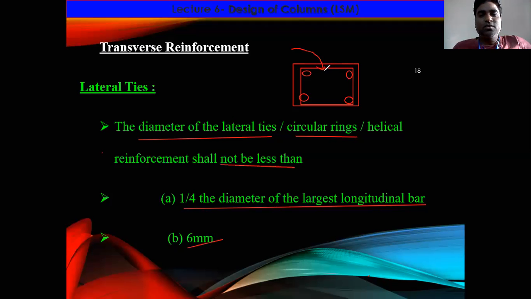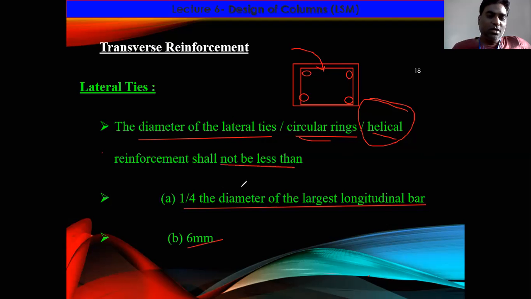In columns we call it a lateral tie. We can provide it in terms of a square or rectangle based upon the type of the column. Right? If you provide a circular column, then you need to provide a circular one. So helical we have already discussed in last class at a glance. Today we will discuss it.